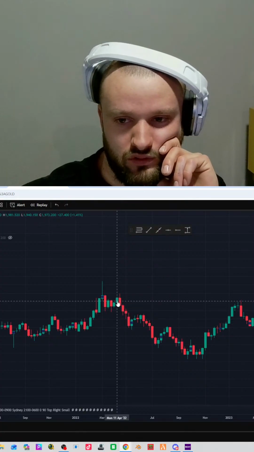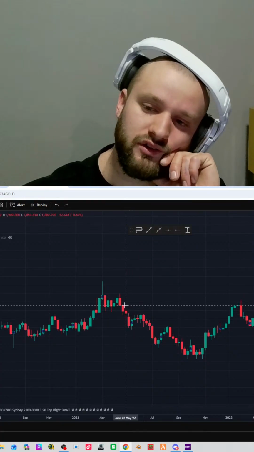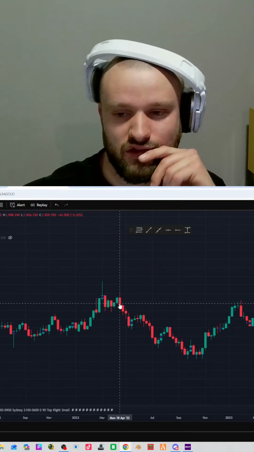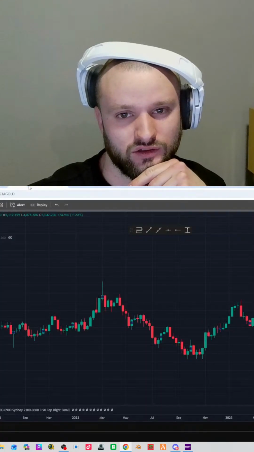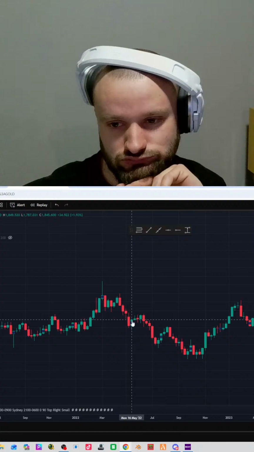The high broke above it and it just went down. Oh, but this is a downtrend. If in downtrend, watching highs. Here's a high.